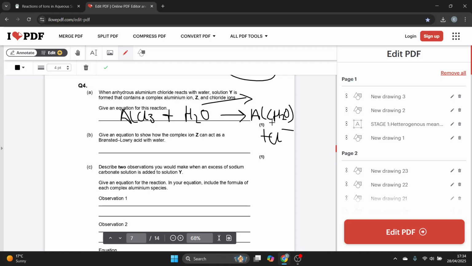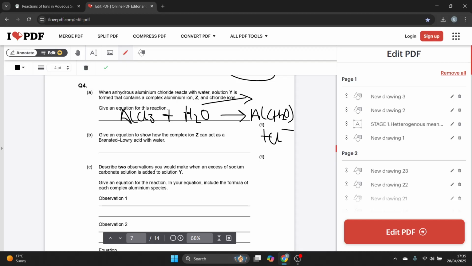Wait, actually, aluminium chloride reacting with water, yeah, that's fine, guys.